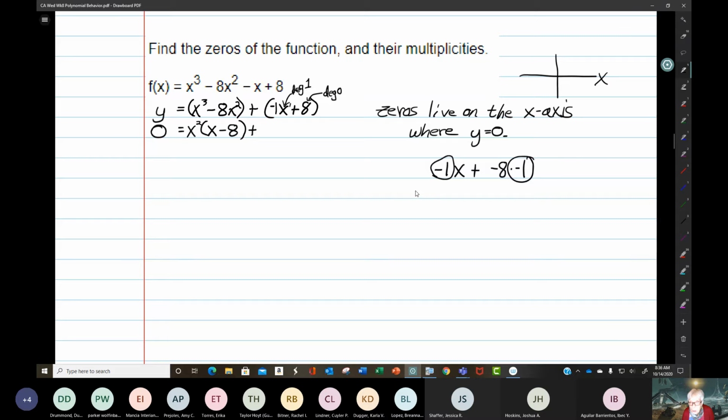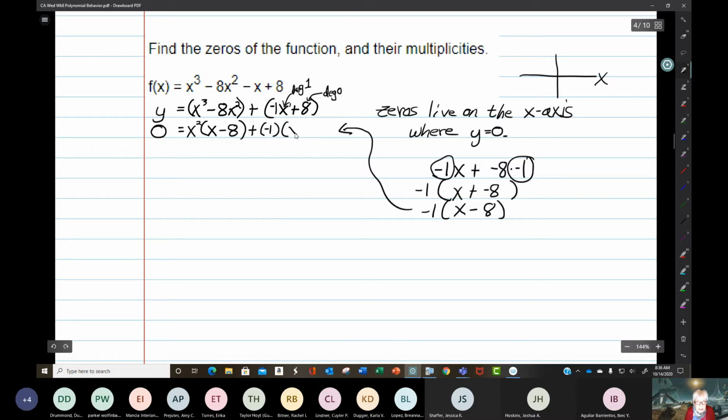So I pull out the -1 to the front and then write the leftovers: x plus -8, which is exactly the same thing as -1 times x minus 8. So that's what I'm going to come back up here and write. -1 times x minus 8. I've always thought that's so tricky.